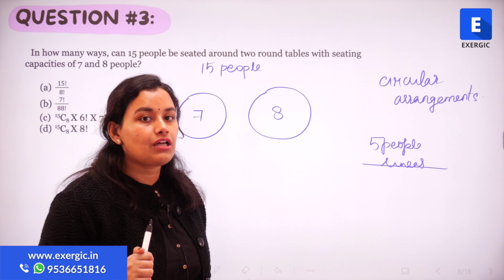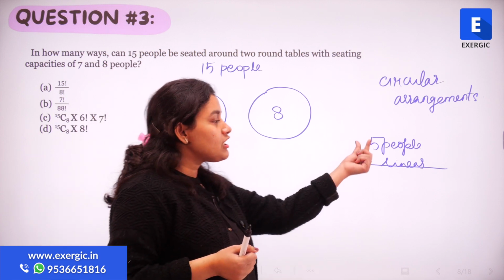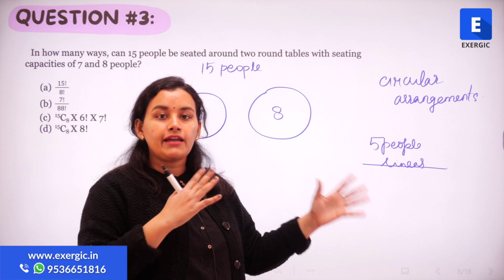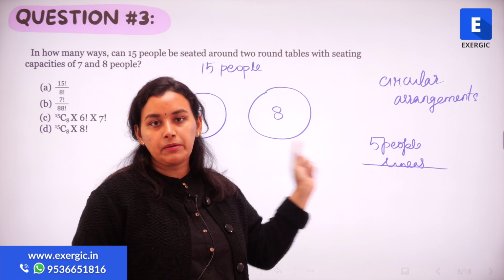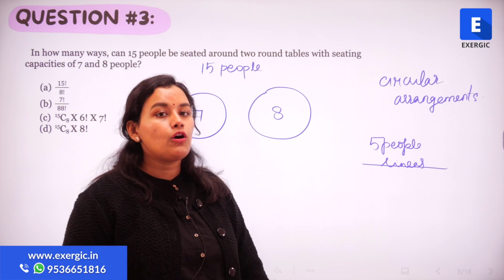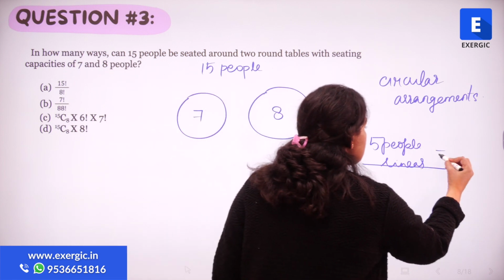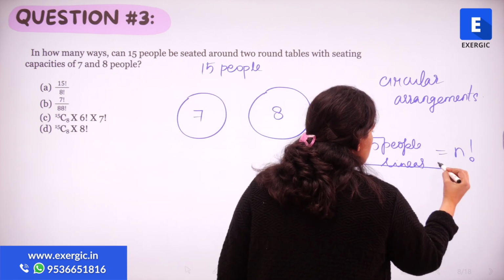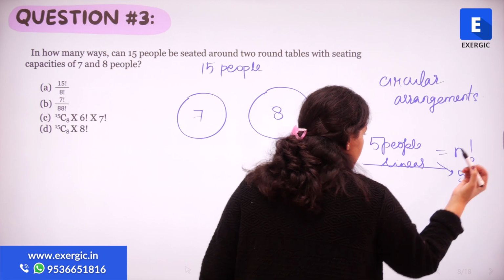The number of ways to arrange n distinct items, say these 5 people, in a linear fashion is n factorial, right? So the answer would be 5 factorial ways.